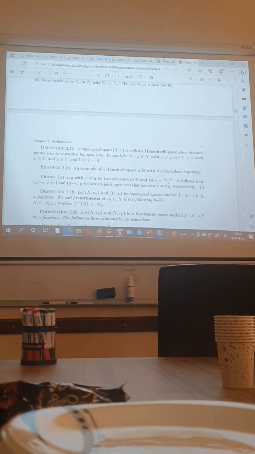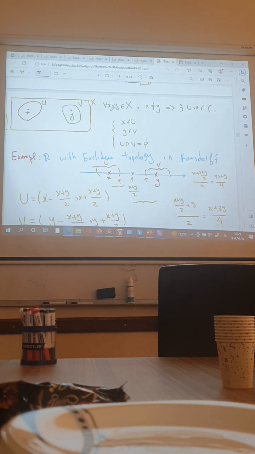I write this for you. For any x and y in X, if x is not equal to y, there exist two open sets with these three properties: x belongs to U, y belongs to V, and the intersection is equal to the empty set, okay?